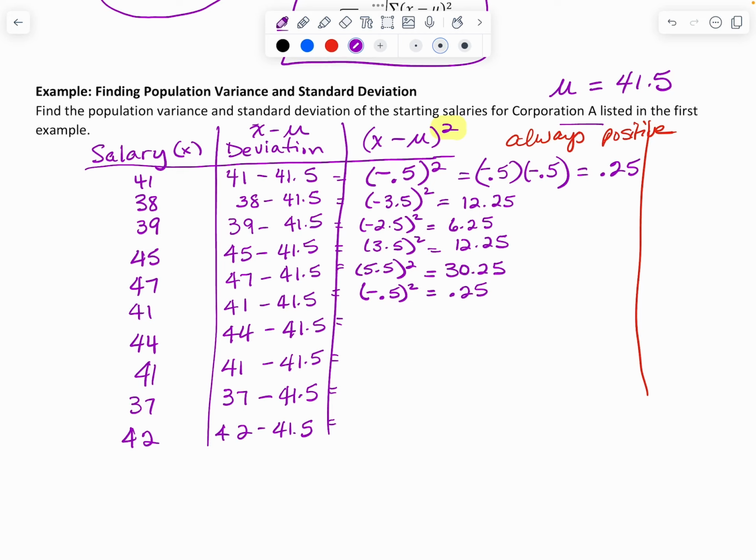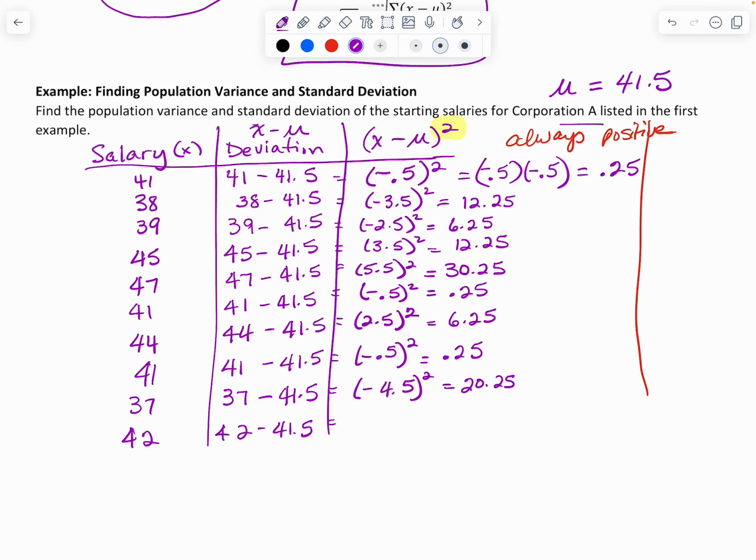44 minus 41.5 is 2.5 squared. Well, just like negative 2.5 squared was equal to 6.25, positive 2.5 squared is going to be 6.25. Again, another 41, so that's going to be negative 0.5 squared, which is still equal to 0.25. 37 minus 41.5 is negative 4.5.